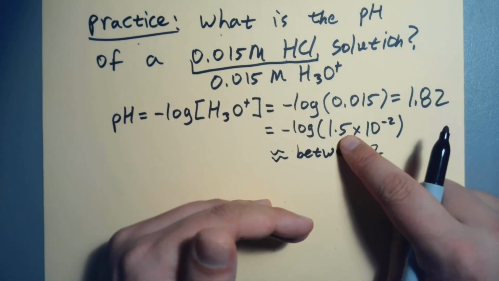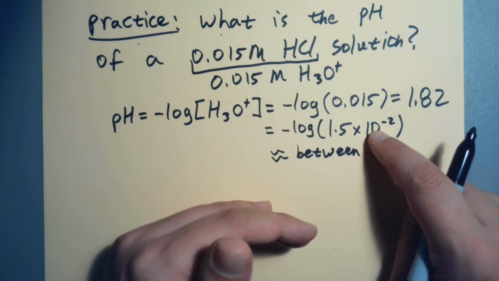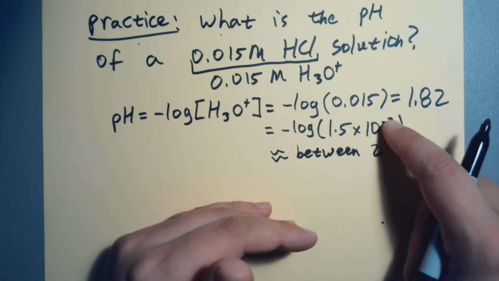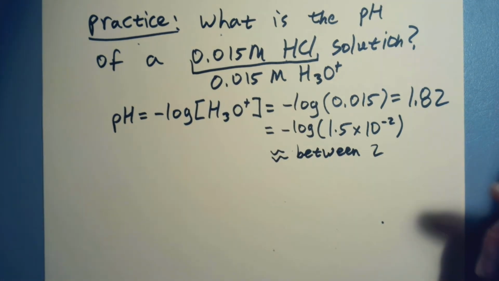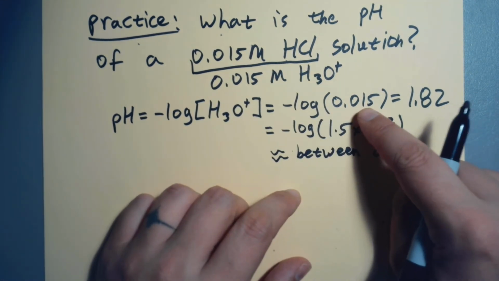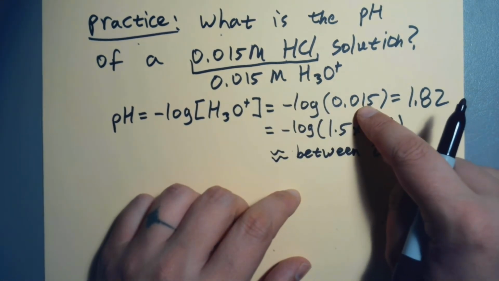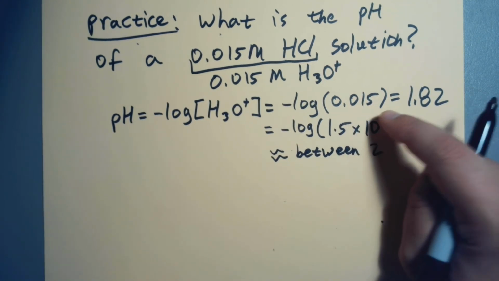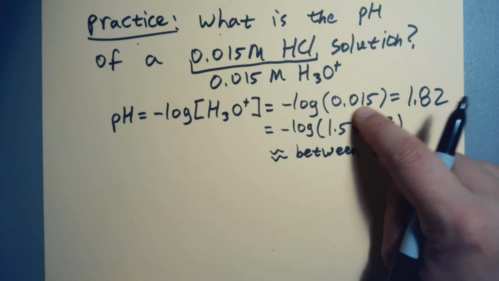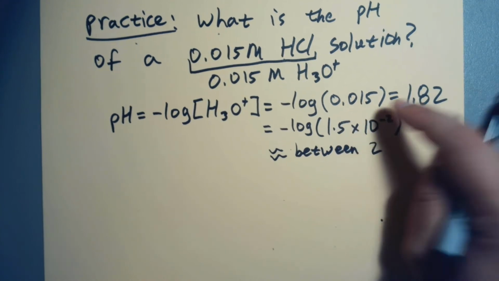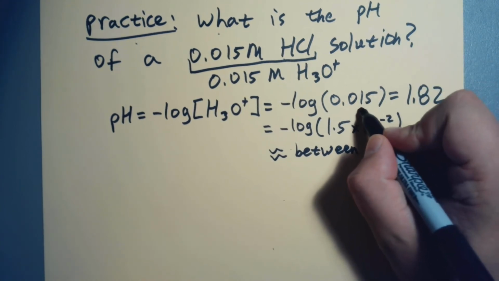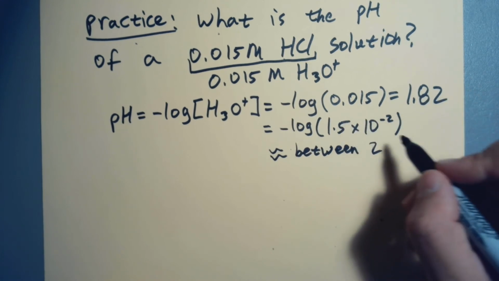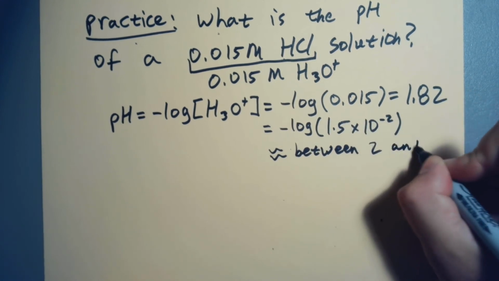So it's between 10 to the negative 2 and 10 to the negative 1, because that's larger. So it's somewhere between 0.1 and 0.01, because it's above 0.01. So it's higher than 10 to the negative 2, which means that our pH is going to be between 2 and 1.